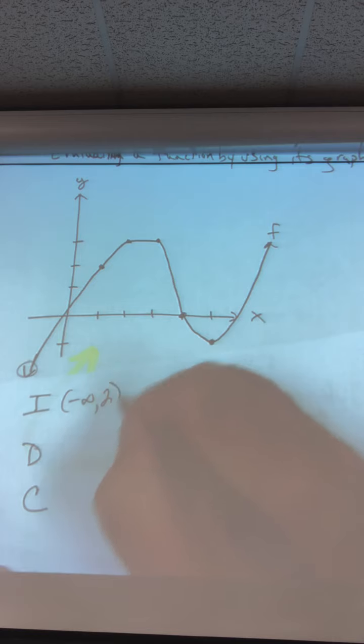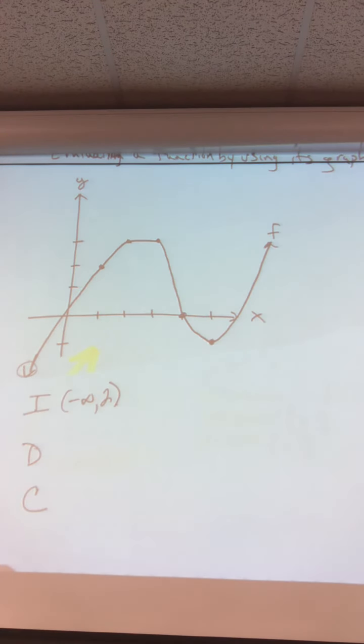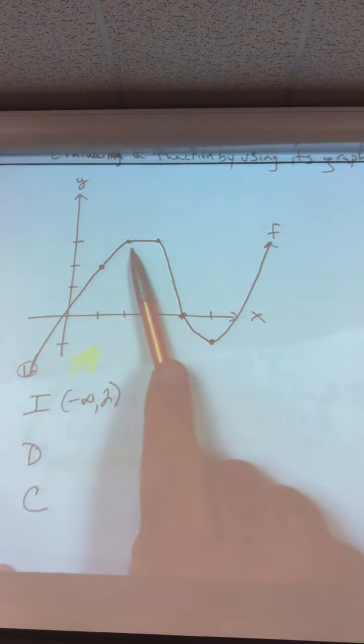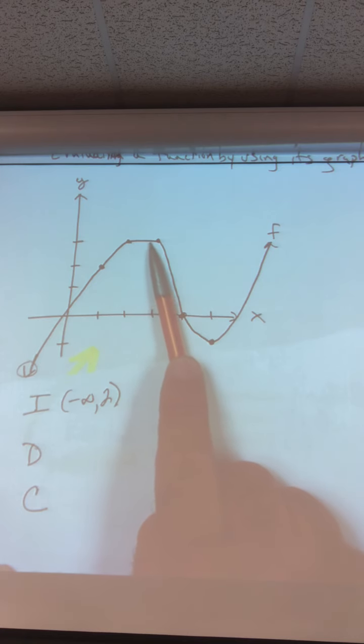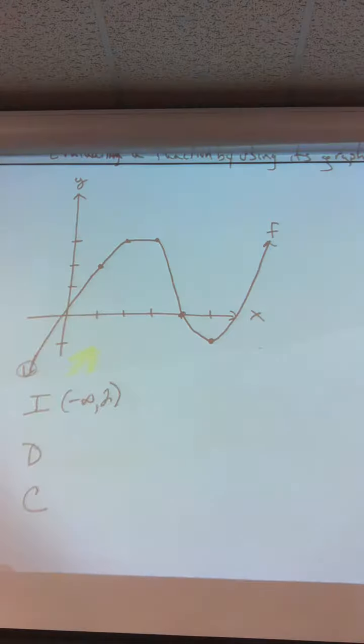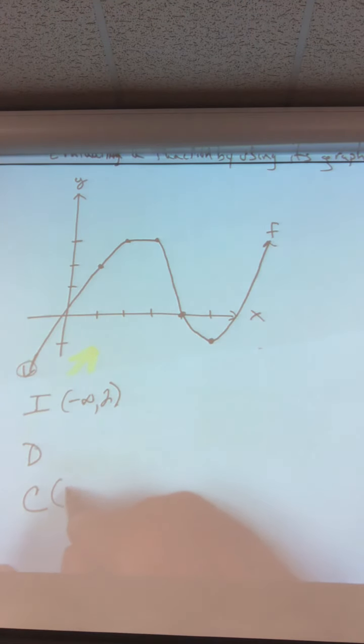And increasing, decreasing, and constant, we always use nothing but parentheses. Okay, now, let's go back to where we left off. Now, when I start going now, am I increasing, decreasing, or constant? I'm constant. So you pick up at 2, and you go all the way over here. You're still constant to 3. So you're constant from 2 to 3.